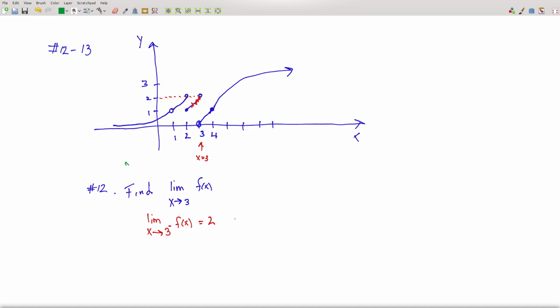So let's look at the limit as x approaches 3 from the right. So these are values that are getting closer to 3 but coming at it from the right. So for example 5 and 4 and 3.5 and 3.1 and 3.01 and 3.001 and 3.0001, and I think you get the idea.